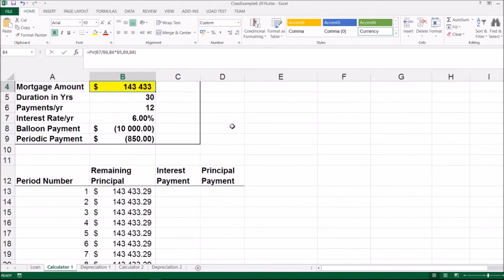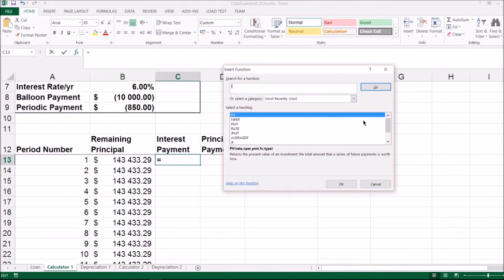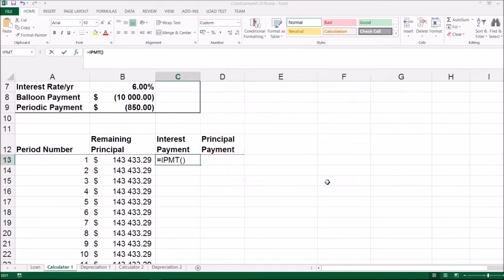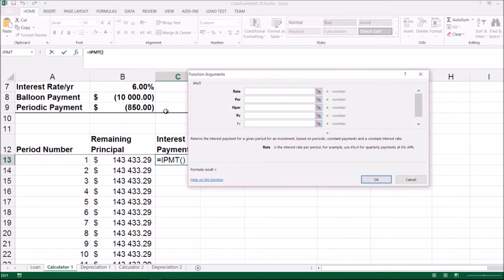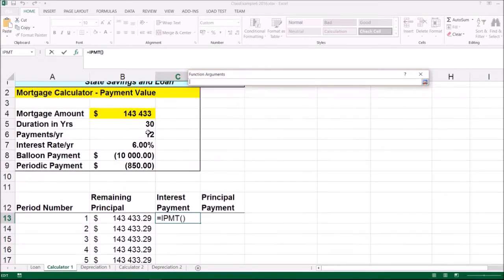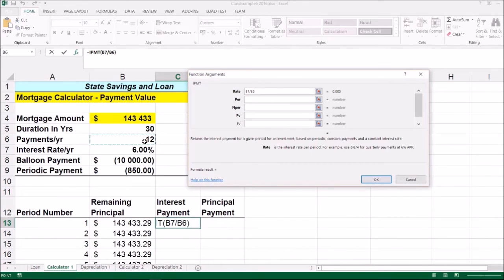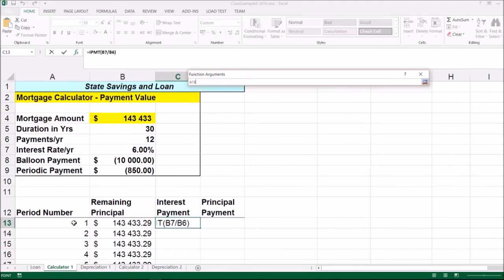Now, if you scroll down, you'll see we'll need to calculate the interest payment. And to do this, we're going to use the IPMT function. So go and search for it and click OK once you've found it. Once again, we're going to select our rate, and you must remember to divide your rate with the payments per year, and then select the period number.